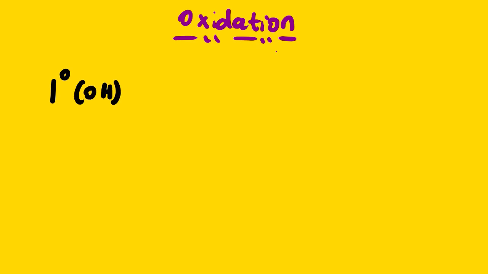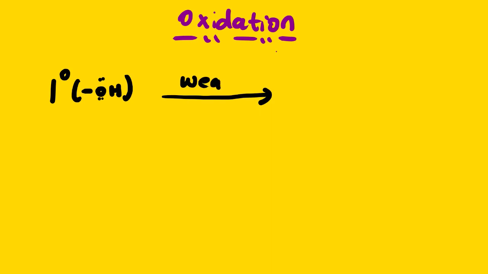Now you should know that a primary alcohol, remember we're dealing with a hydroxy group, if we use a weak oxidant reagent, the functional group will be aldehyde.